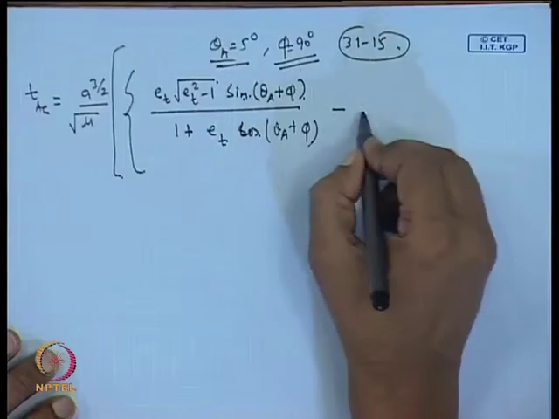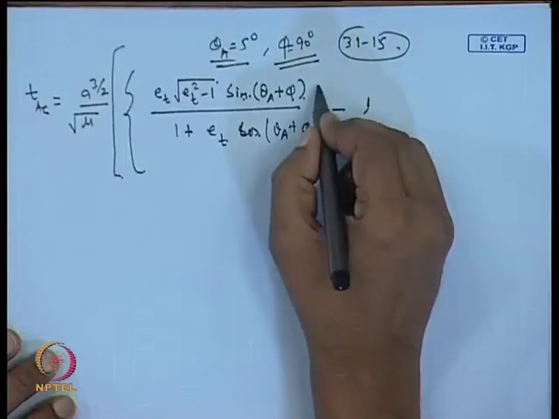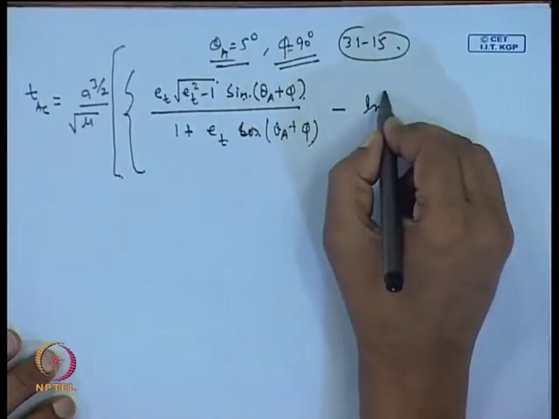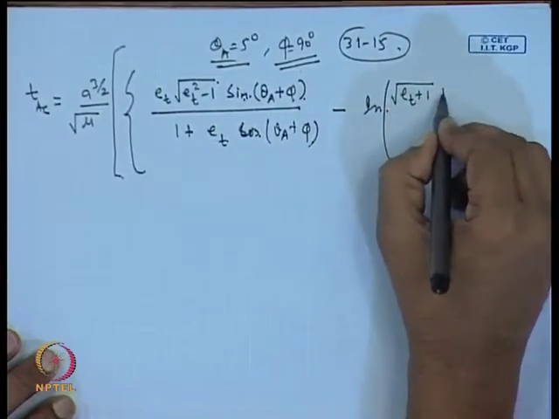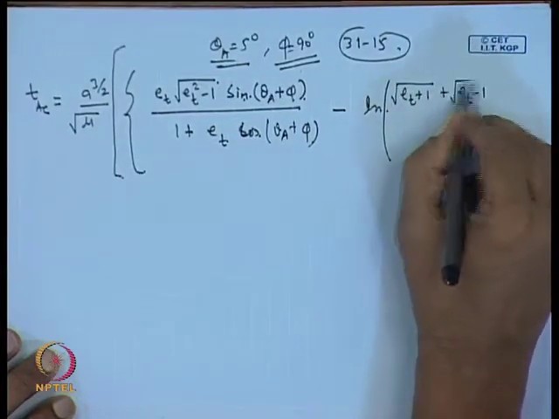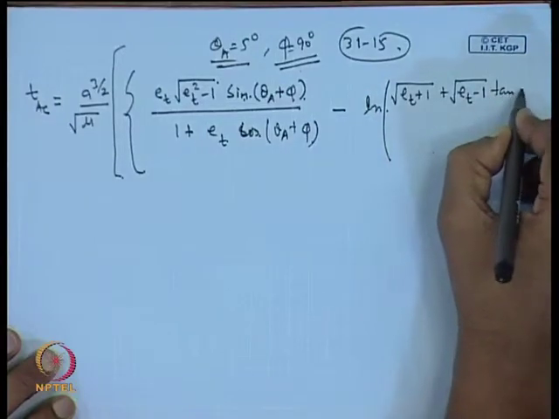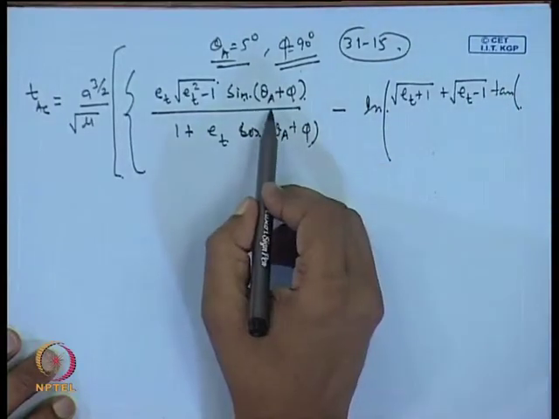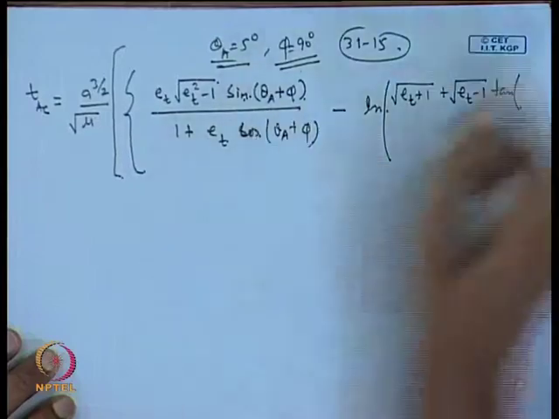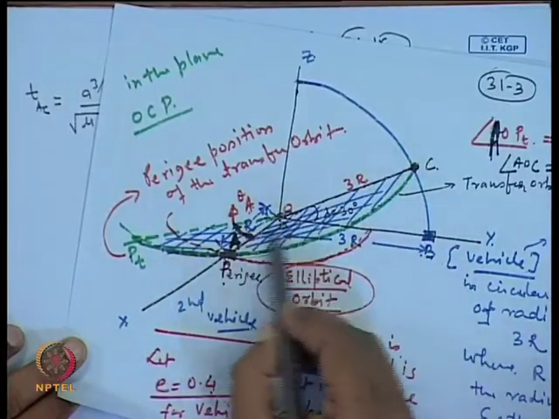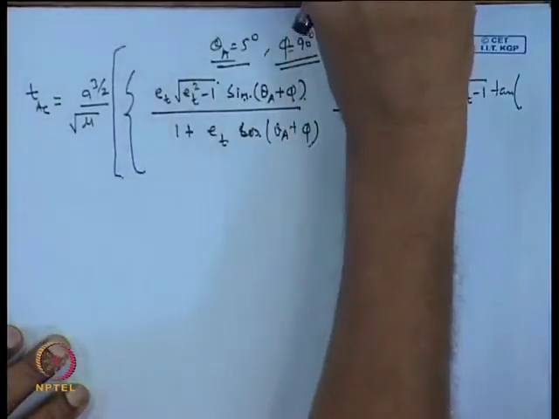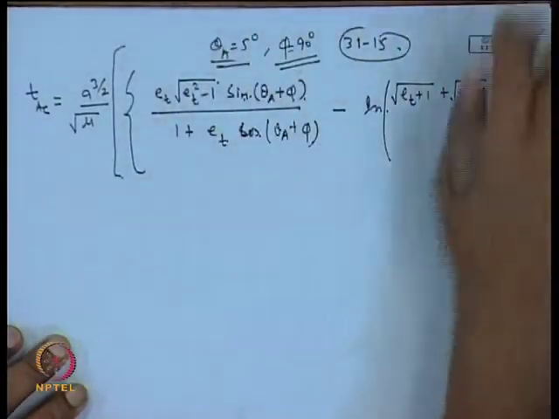So, here the rest of the terms we can complete: ln of square root of E t plus 1 plus square root of E t minus 1 times tan. Now, the total angle, from this line to this line, is theta a plus phi. So, that is entering here in this place.